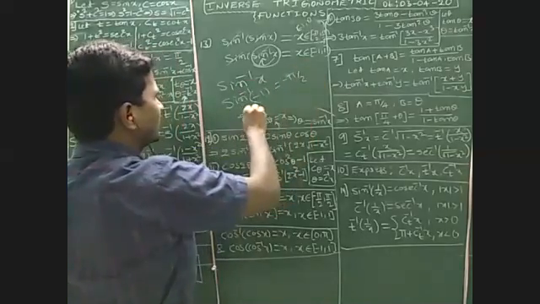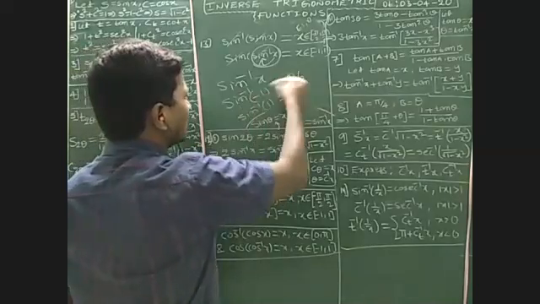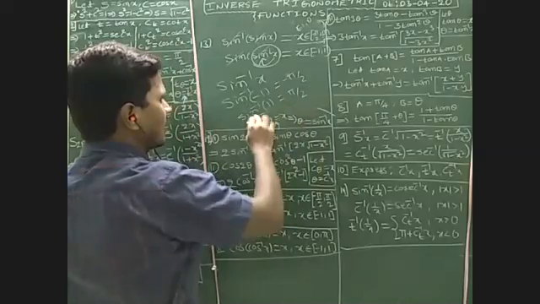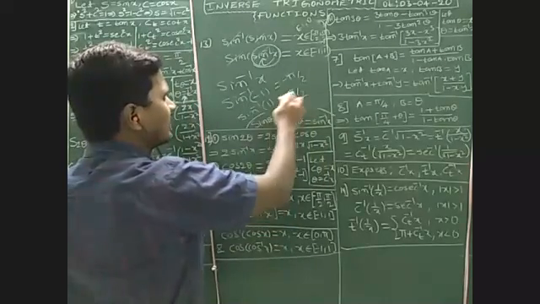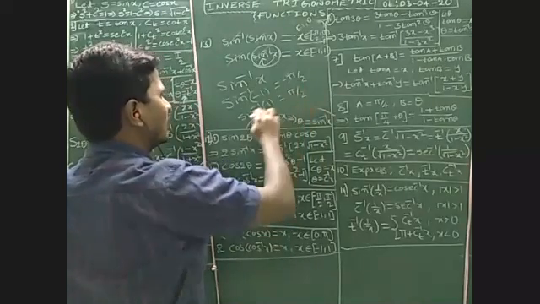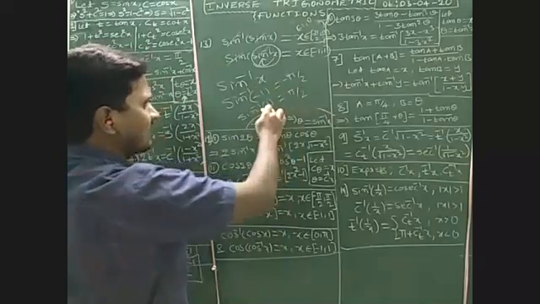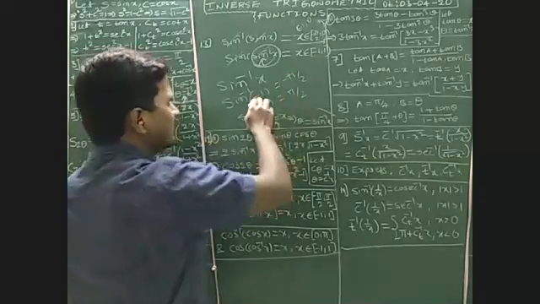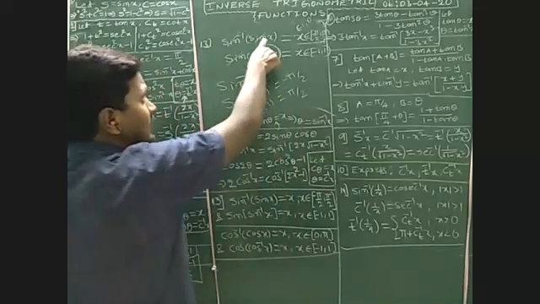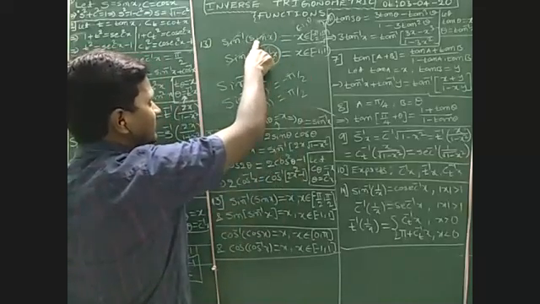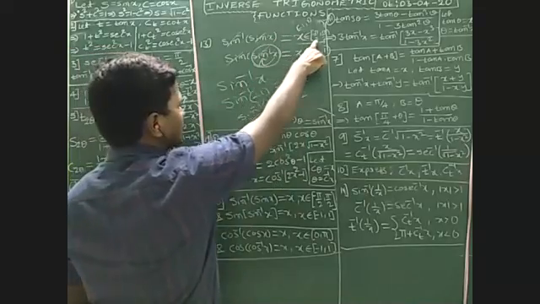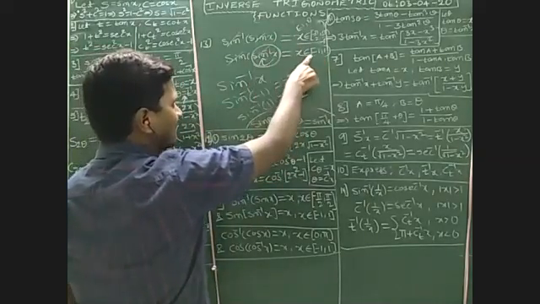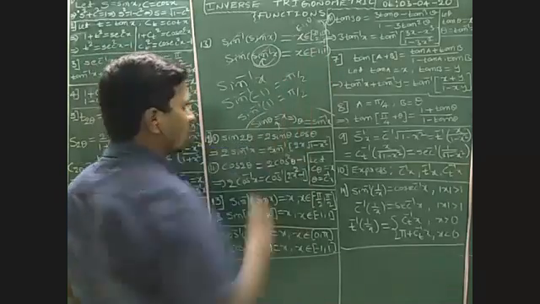Sin inverse of 1 is 90, because if you take sin on the right side, 1 is equal to sin 90, and sin of minus 90 is minus 1. So within the bracket sin x, the x value must be an angle. Sin inverse means x will take values from minus 1 to 1.